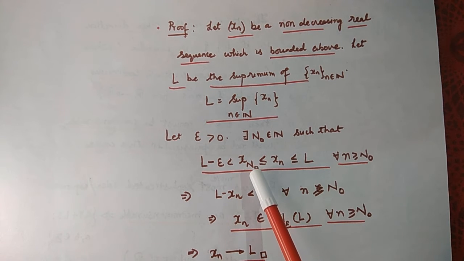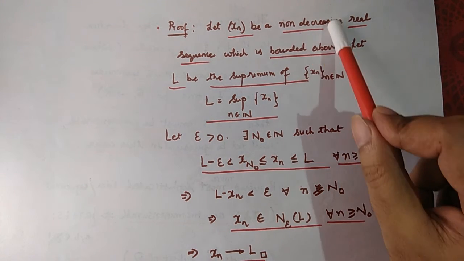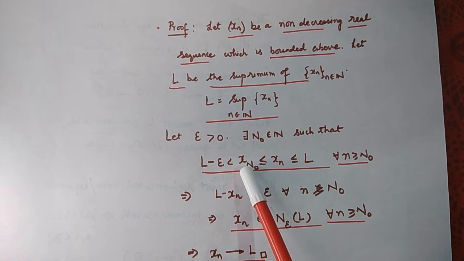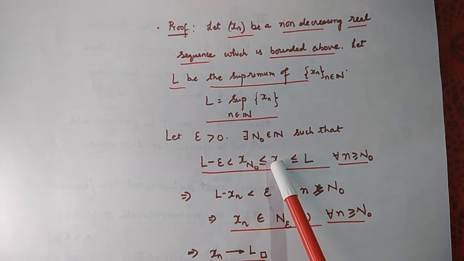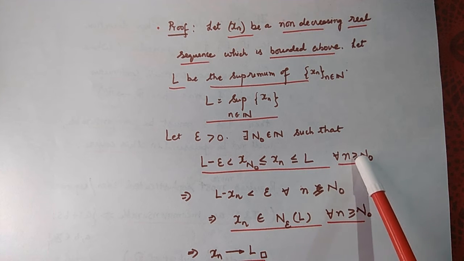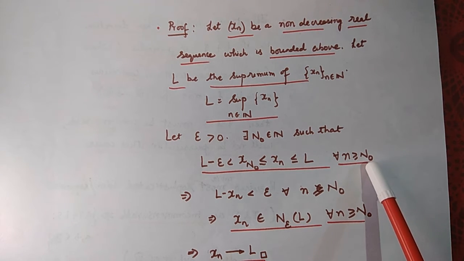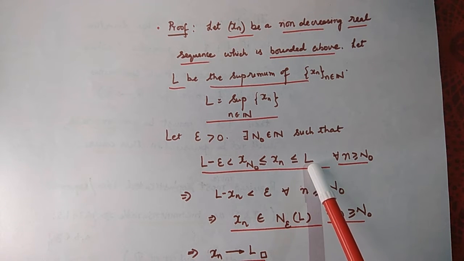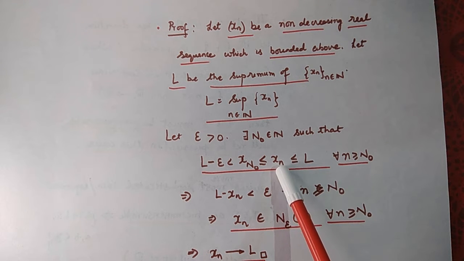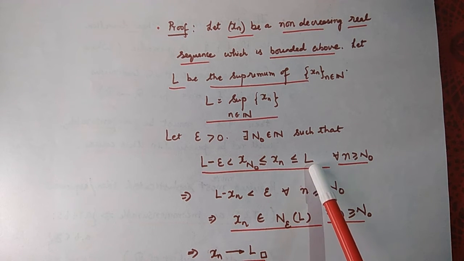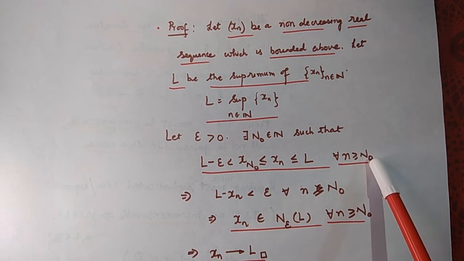Now since the sequence is strictly increasing, or rather non-decreasing, this implies that xn naught will be less than or equal to xn for all n greater than or equal to n naught. And since L also is an upper bound, this implies that xn will be less than or equal to L for all n, and in particular for all n greater than or equal to n naught.